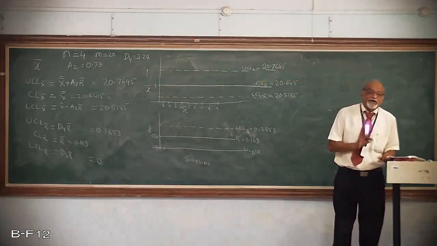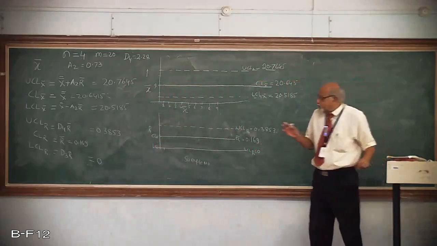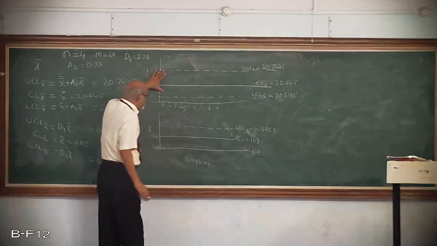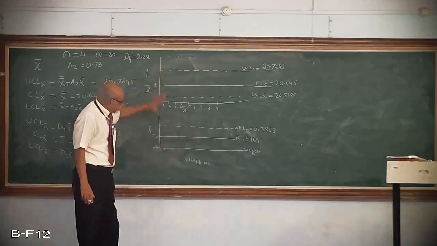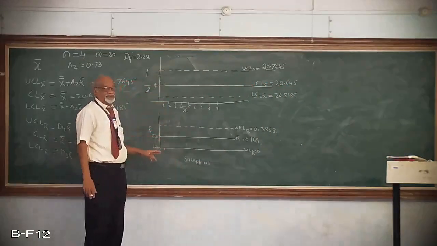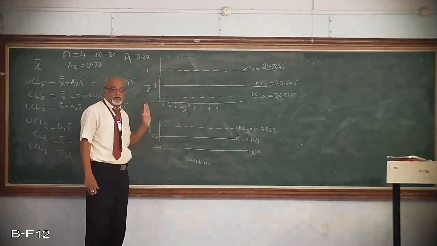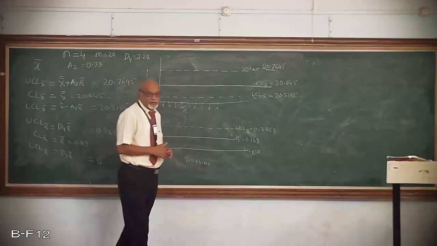Try to understand. One point falls within the control limits on the X bar chart, but for the same sample, the point falls outside the control limit. What conclusion are you going to draw?